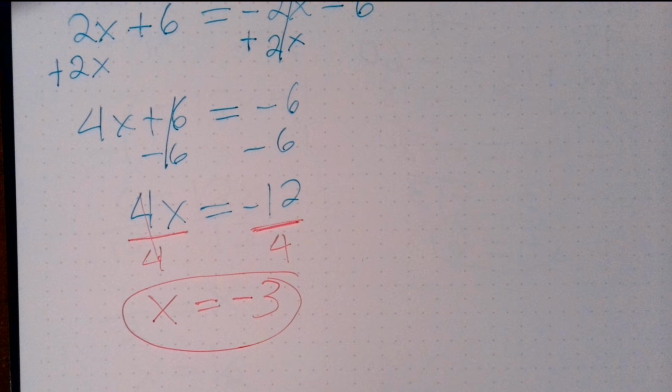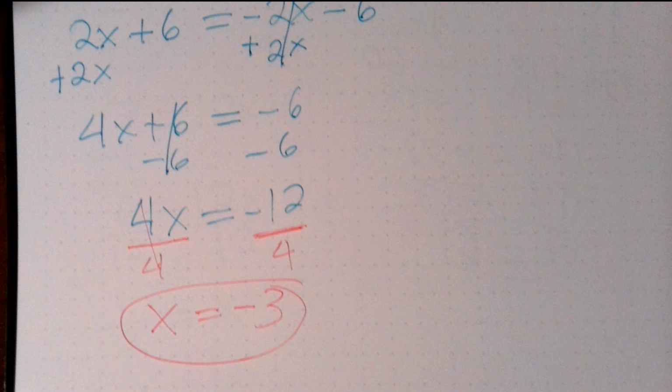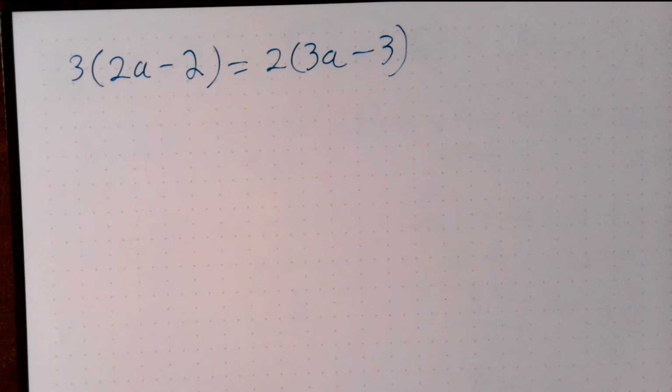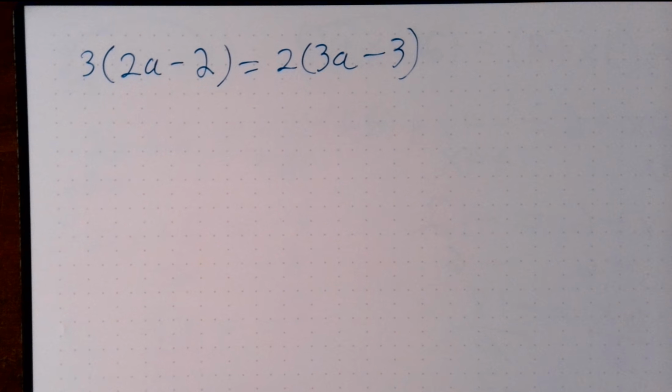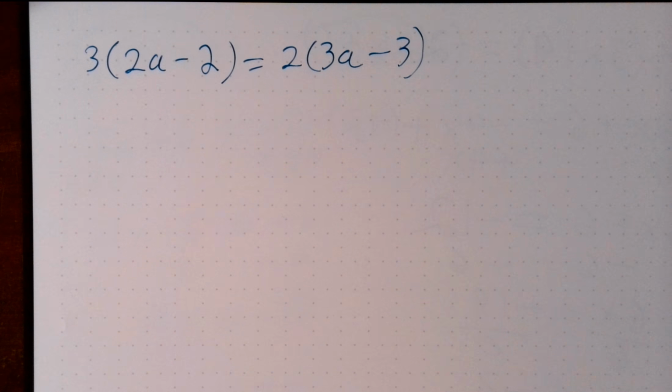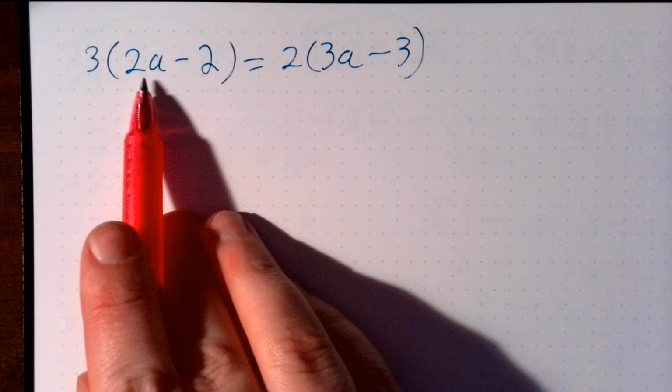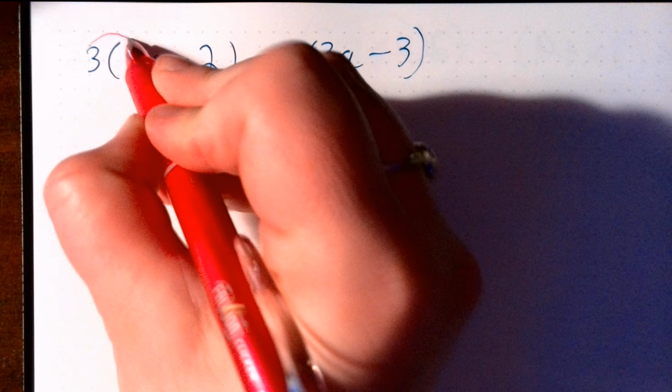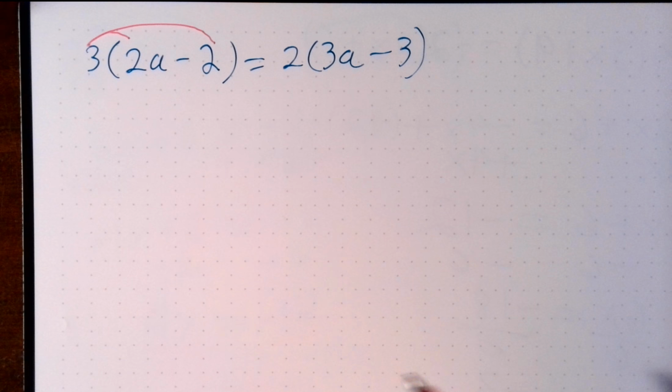All right. So I've got 2 more examples, and then we'll be done. So what am I going to do first here? 3 times 2, I'm going to distribute. 3 times 2 and 3 times negative 2.